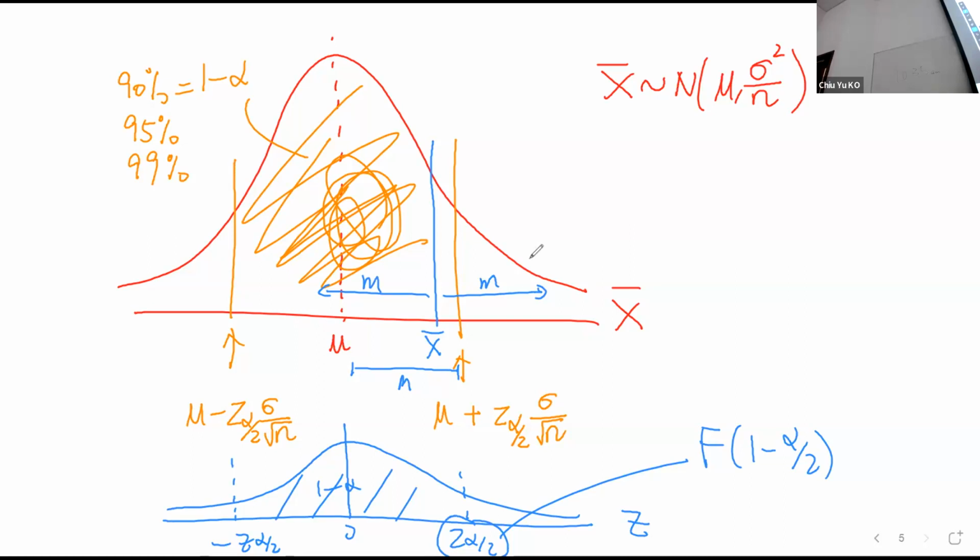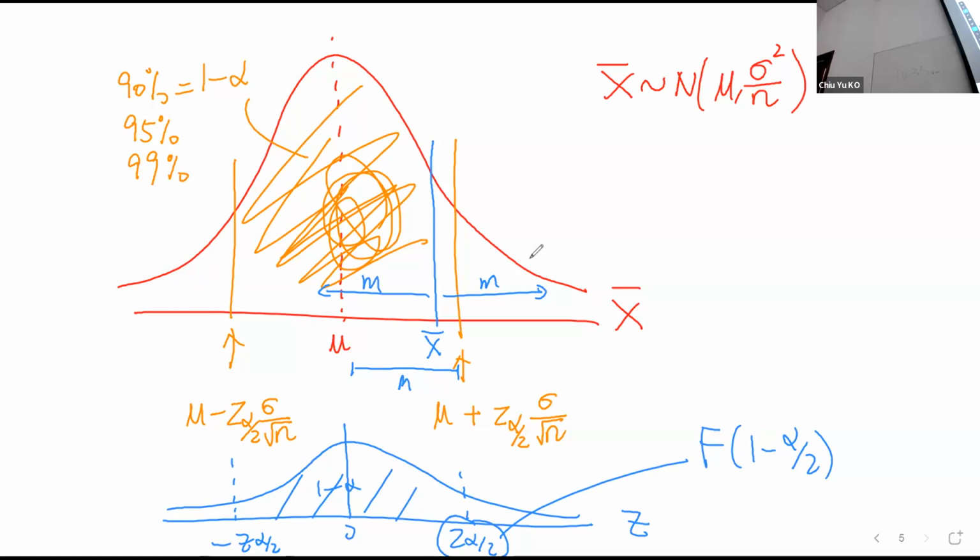So as long as X bar falls within this area, the interval you construct includes mu. And there is a high probability X bar is within here, so if you do this procedure, with high probability the interval will include mu.